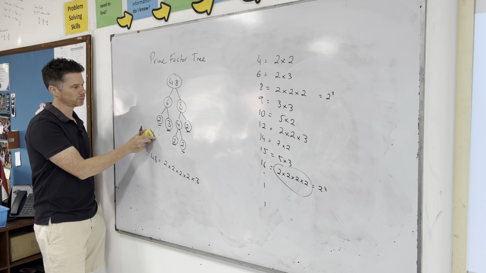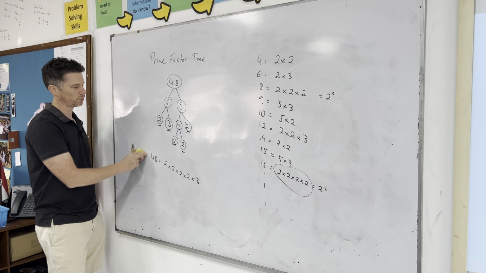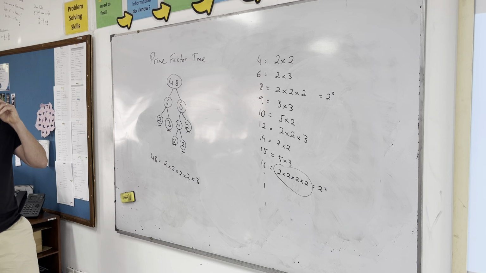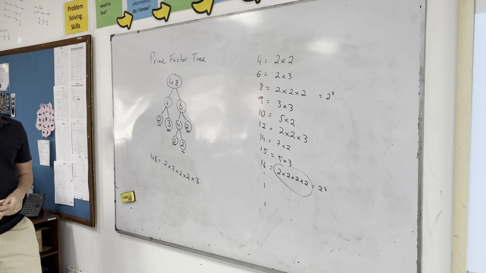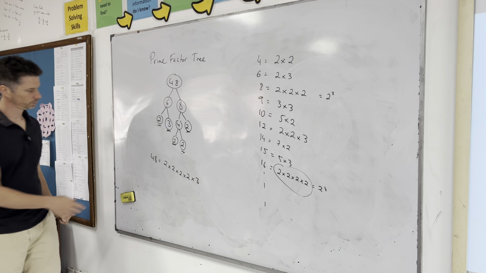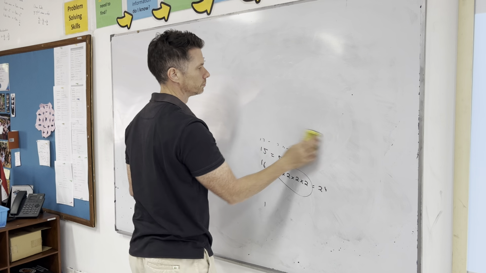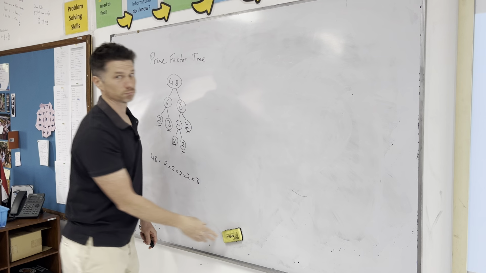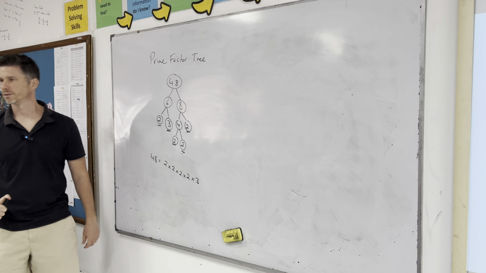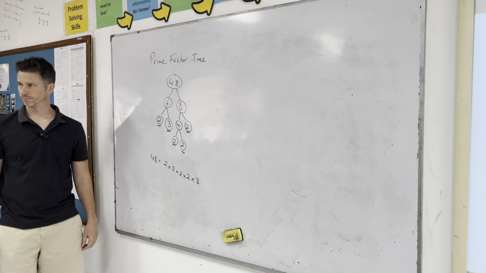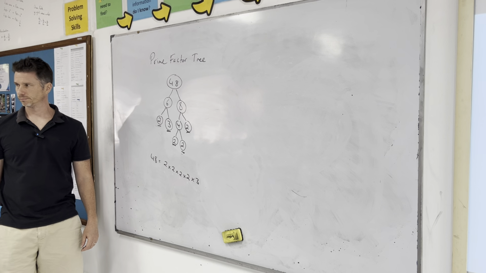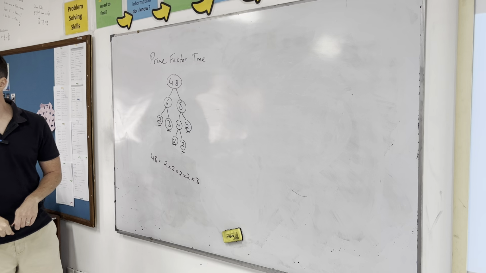So once we have primes, we don't use the factors anymore once we hit it. Yes, Collins. Yeah. Can you put 2 to the power of 4? Yeah. Times 3. Yeah.